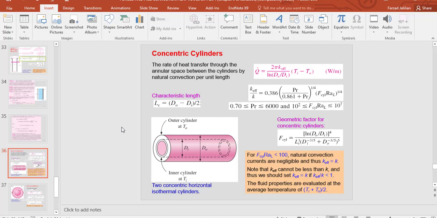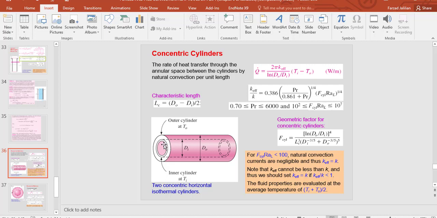One of the common geometries is these concentric cylinders, as you can see here, two cylinders put together like this with this diameter actually, and between them we have some kind of fluid between these two different surfaces.